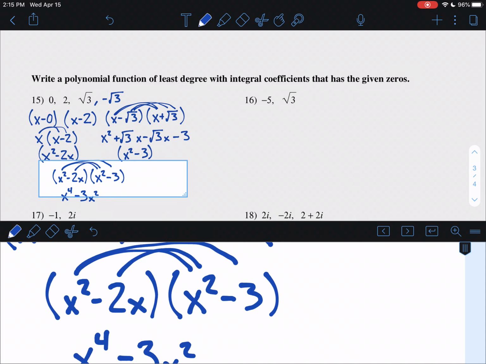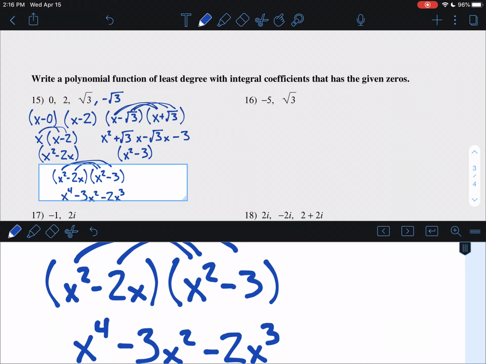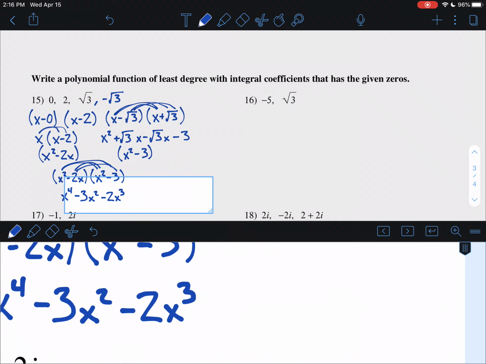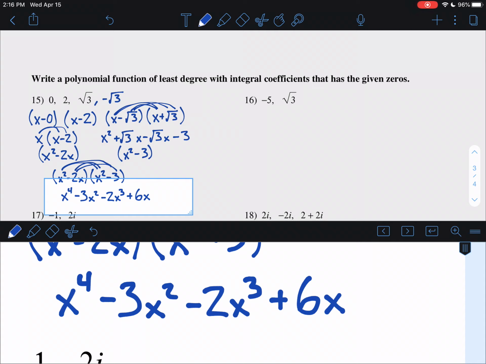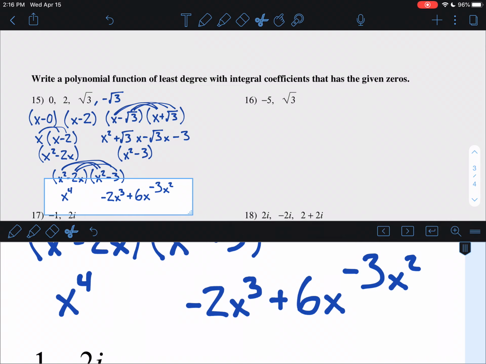Negative 2x times x squared is going to be negative 2x to the 3rd. And negative 2x times negative 3 is going to be positive 6x. So this, actually, I will switch the order of some things here, just to make it a standard form polynomial.